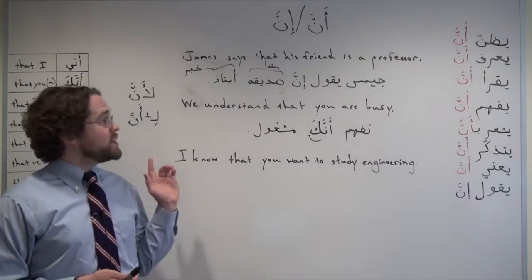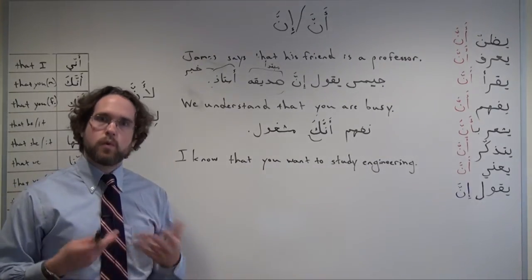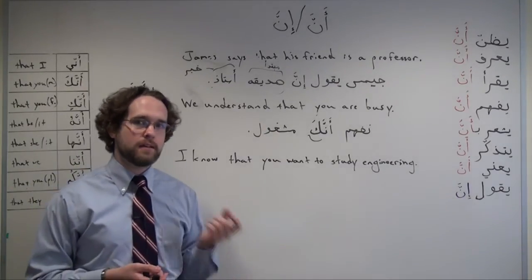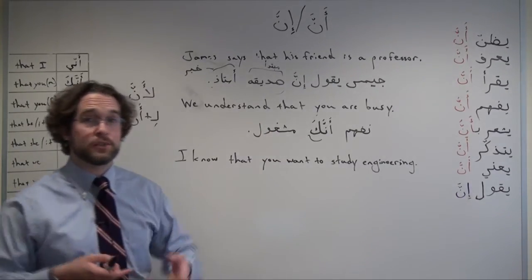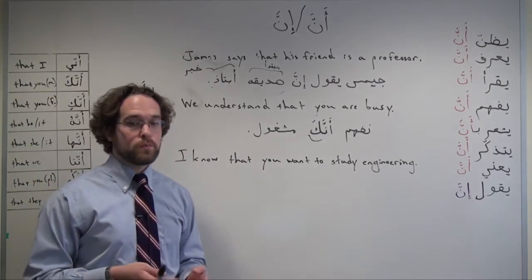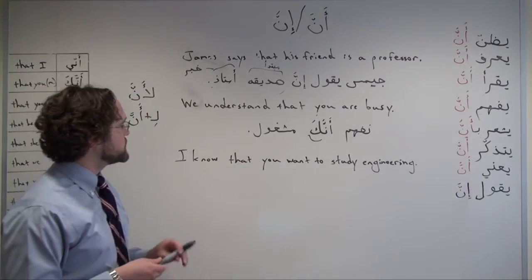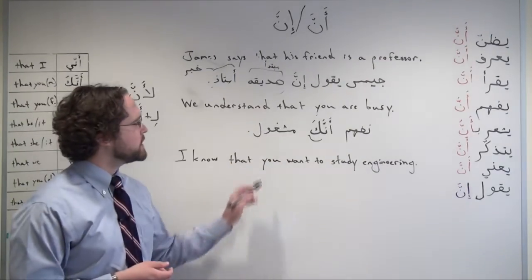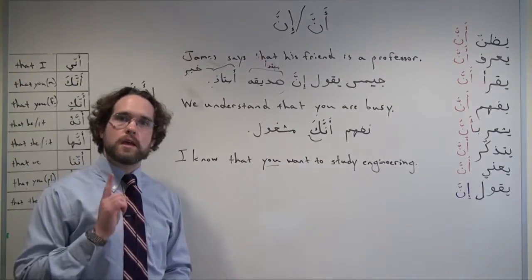Now, if our second clause after anna also requires a conjugated verb in Arabic, then we still need to have that nominal sentence, right? We still need to begin with a noun or a pronoun. So, this third sentence, for example, I know that you want to study engineering, and let's make that you a female.